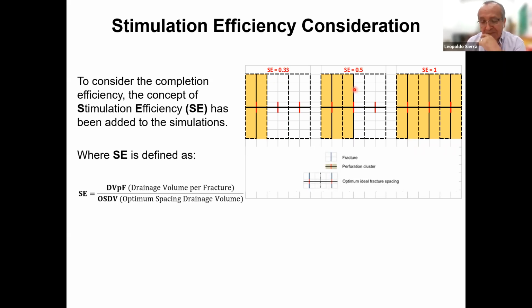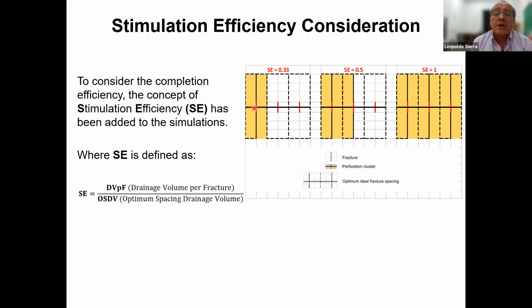So it means that we're only going to be able to drain a portion, 50%, of the connected unconventional area to the wellbore. And this is the worst case where, for example, if we place 3 perforation clusters, we're just generating 1 fracture per cluster. It means that we are draining the entire connected area with only 1 fracture.